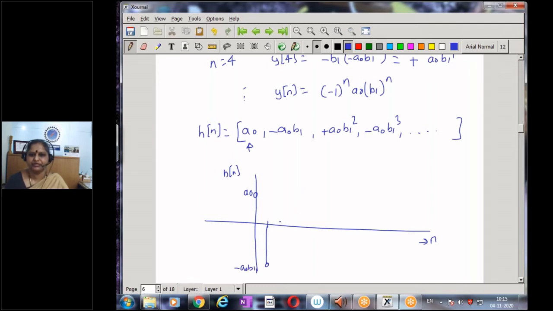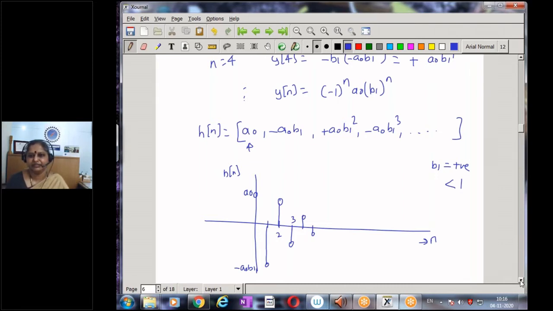And for n equal to 2, I have a0 b1 square. I am assuming b1 is positive and less than 1. Then for n equal to 3, I get a0 b1 cube, and so on. So this is one case.